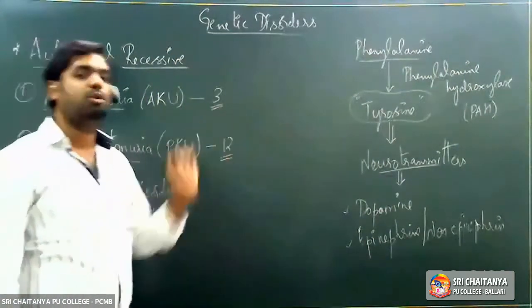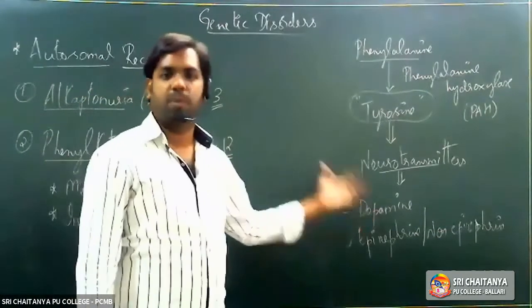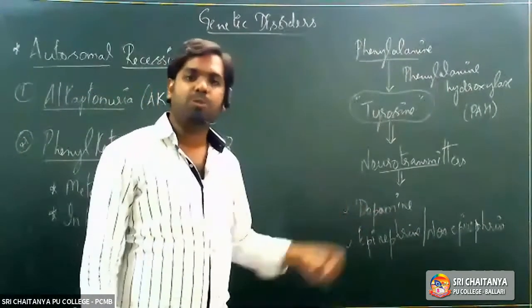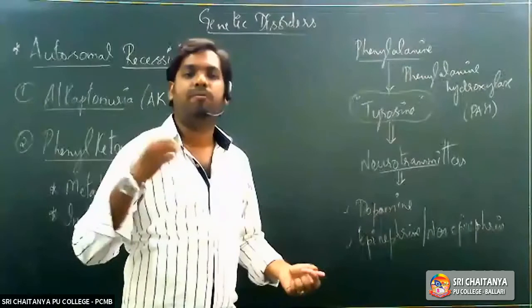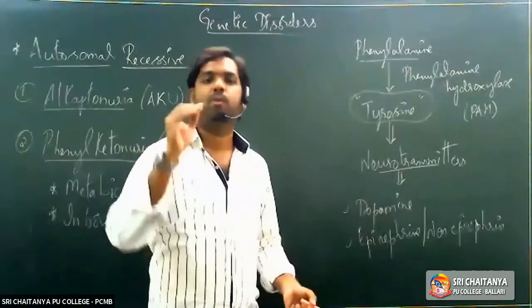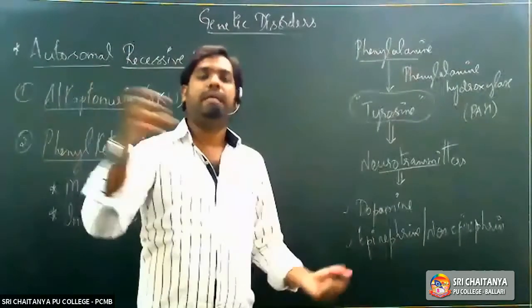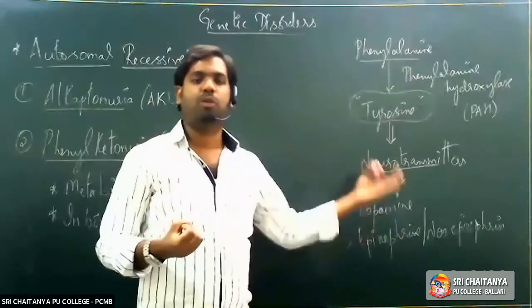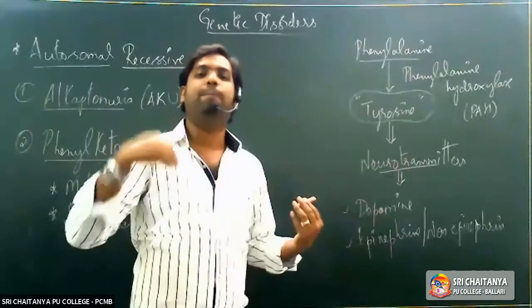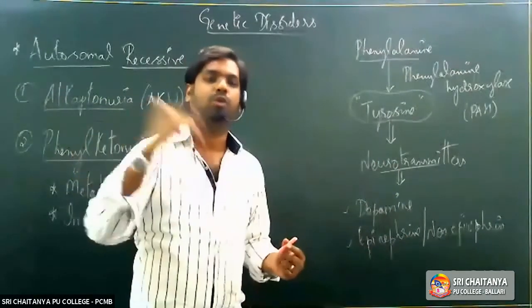Now, what is the role of neurotransmitters? We are very sure about that. They are responsible for the transmission of impulse from one neuron to the other in a chemical synapse. Without the neurotransmitter, there is no impulse transmission from one neuron to the other.